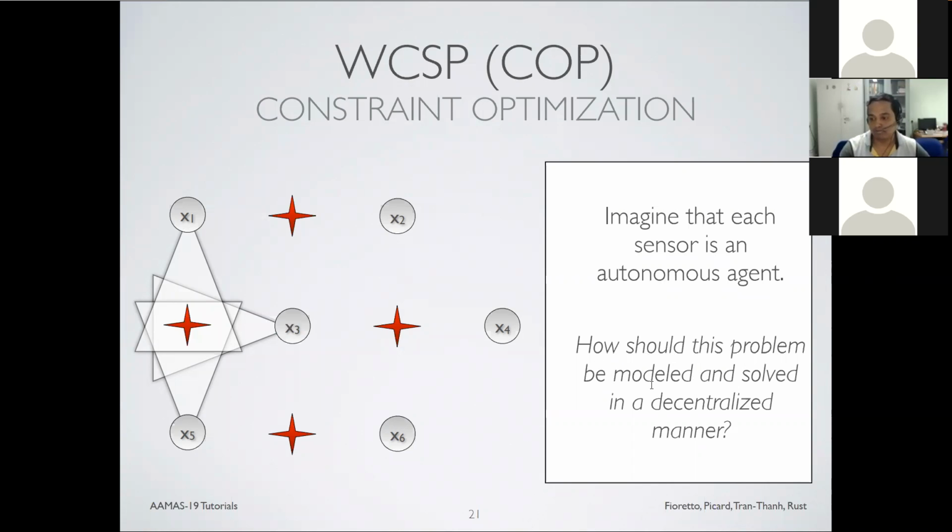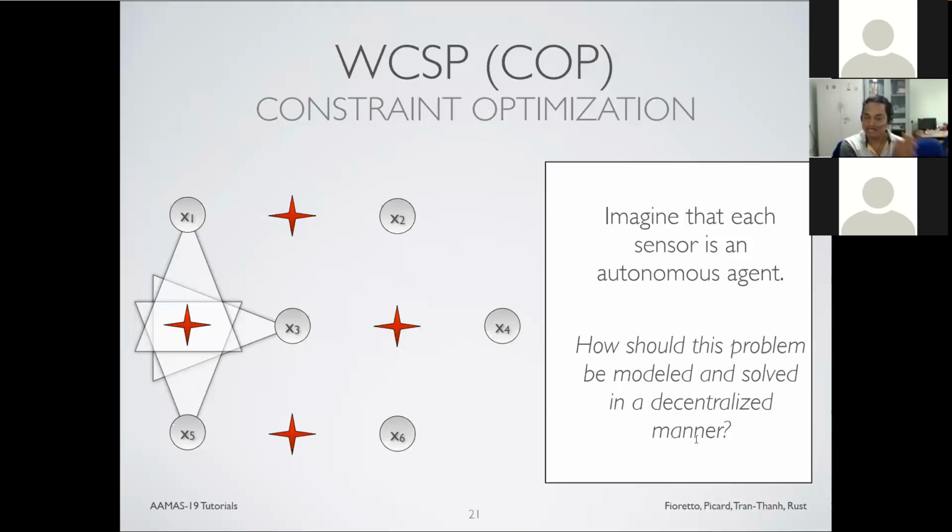How should this problem be modeled and solved in a decentralized manner? First you need to model the problem in a distributed approach, and then you need to come up with an algorithm which will solve the problem. Again, the idea is a distributed approach, not the centralized approach.